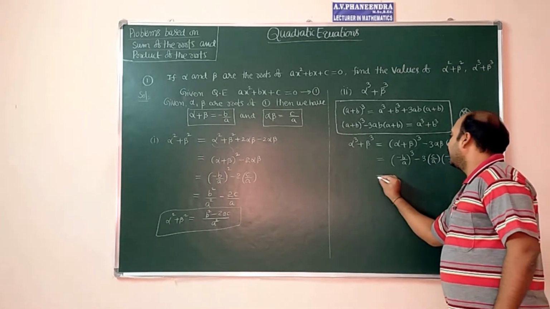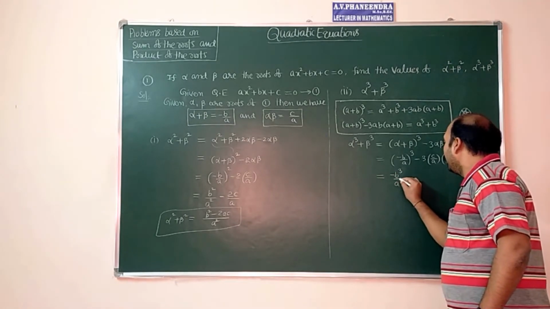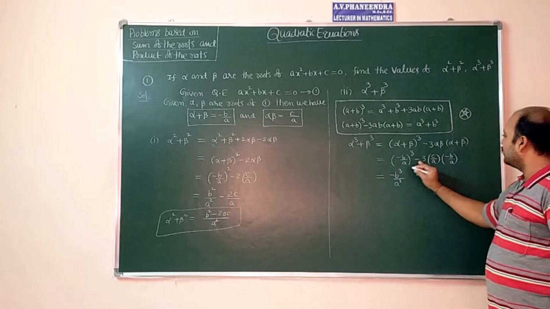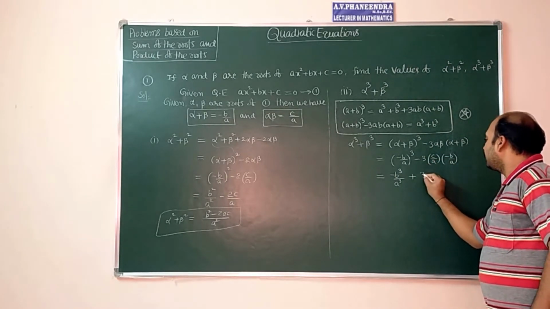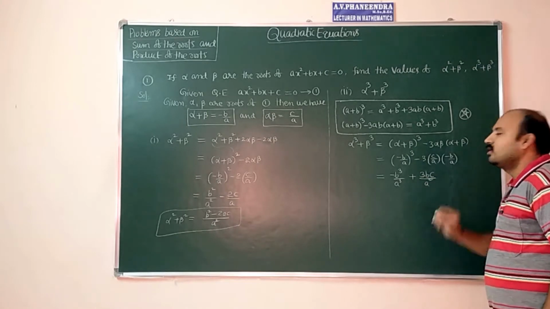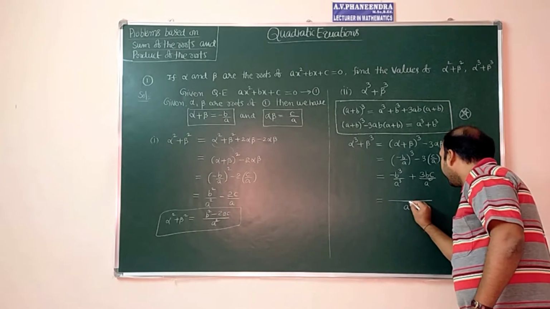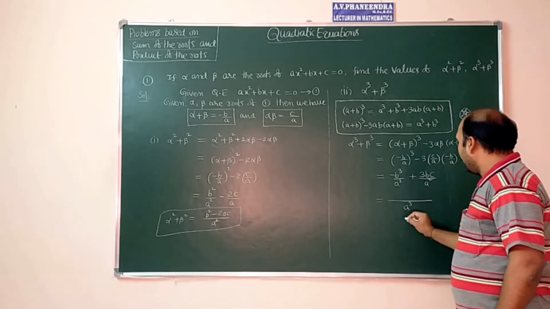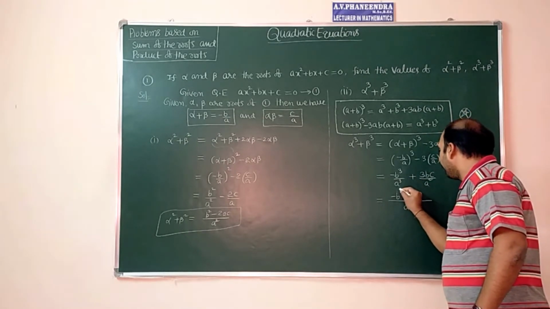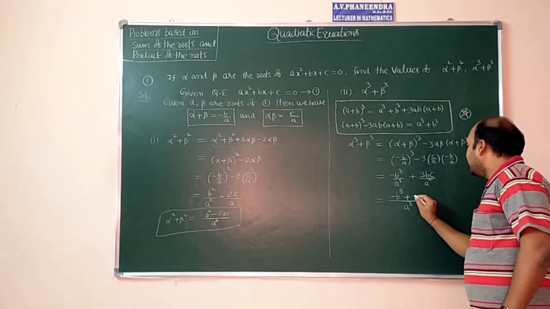Now simplification: minus b cube divided by a cube, minus into minus plus 3bc divided by a square. Now take LCM, a cube is the LCM. So a cube is cancelled, minus b cube plus, here a square cancels, a into 3bc, 3abc.